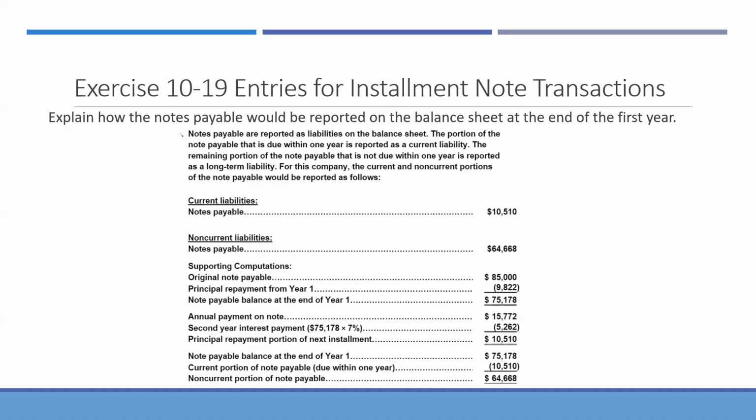We know that the payment owed next year is $15,772, but that interest portion has not yet been earned by the bank. So this $10,510 is the amount that's actually included in the $75,000, and then the long-term portion will be the $65,000 that's remaining, so that the total of current and non-current adds up to the carrying value. So we have to go a year ahead to calculate.